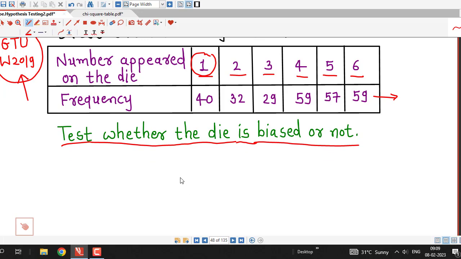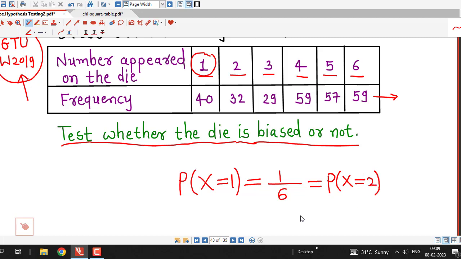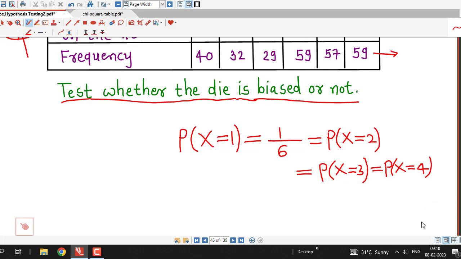So in statistical language, we can say that if we are throwing a dice, then there are total 6 possibilities, and probability that x equal to 1 occurs is 1 by 6, and this must be same for each of the numbers if our die is unbiased or if it is not biased. So there are equal chances of occurrence for each number when we are throwing a dice.